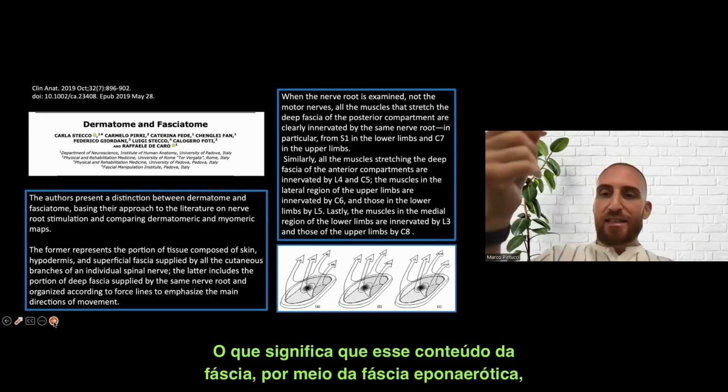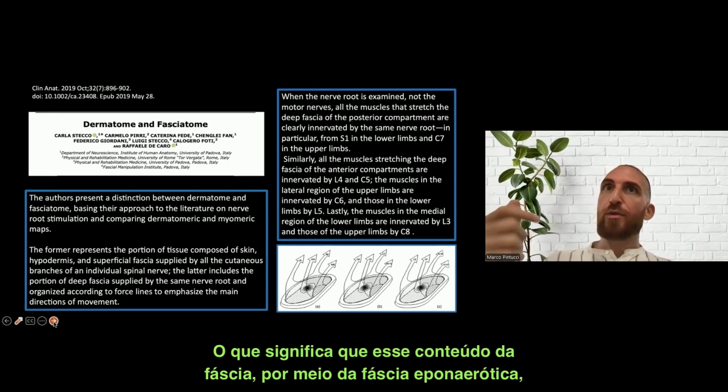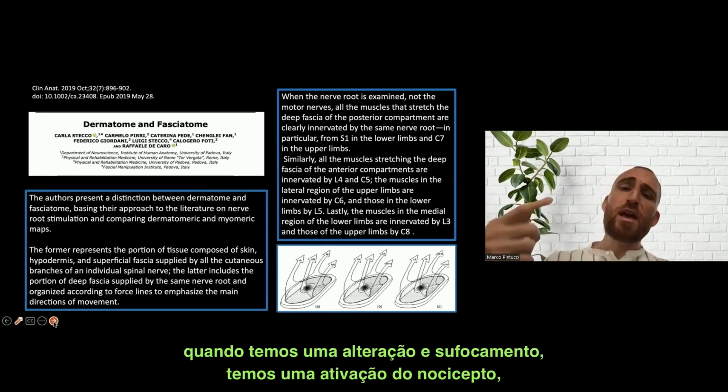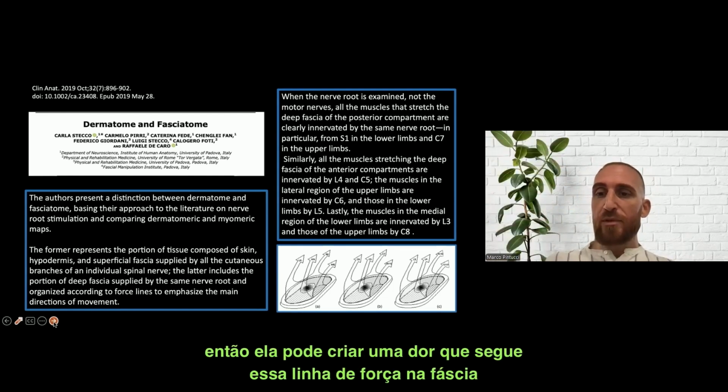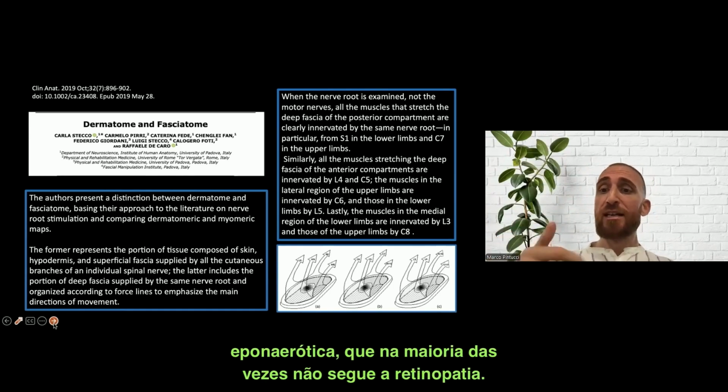What does it mean? That with this continuity of the fascia through the aponeurotic fascia, when we have an alteration, densification, we have an activation of the nociceptors that can create a pain that follows this line of force in the deep fascia, that most of the time does not follow the radiculopathy.